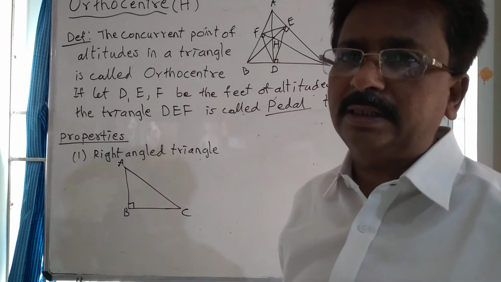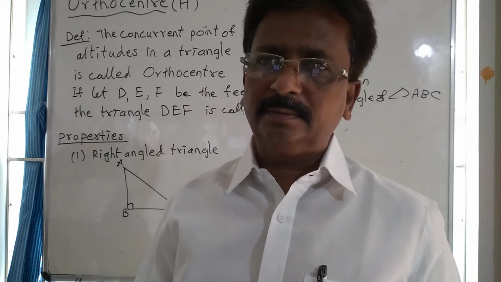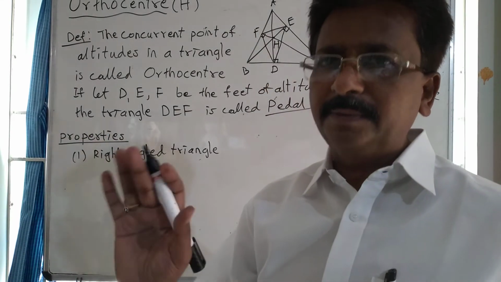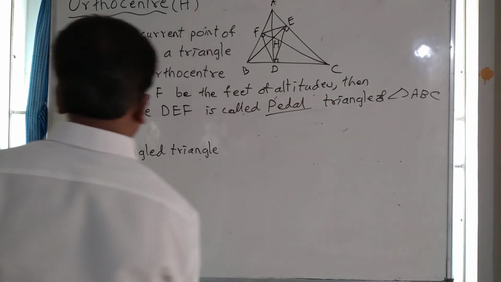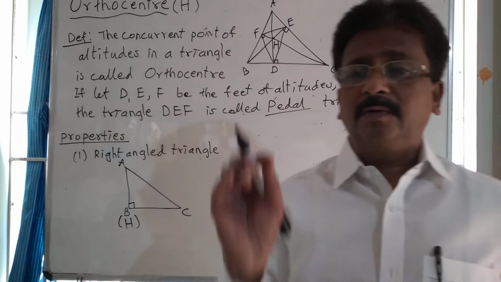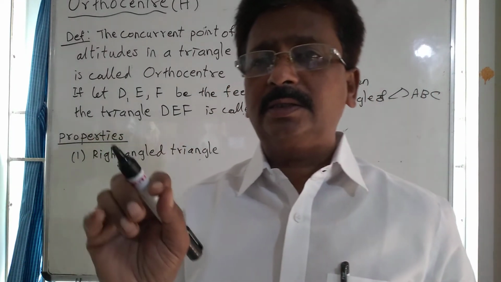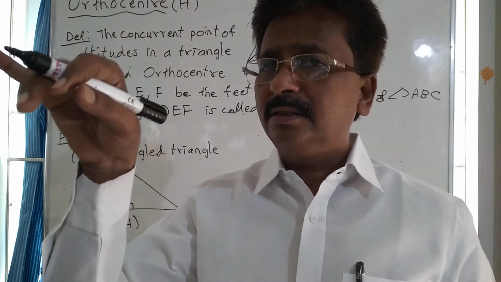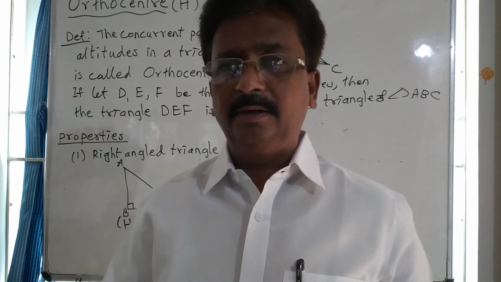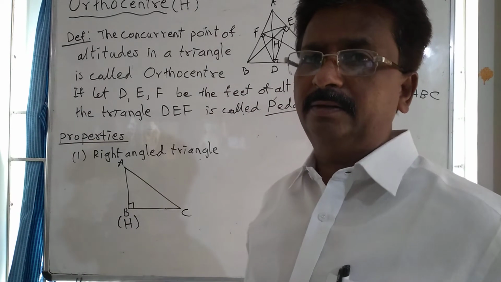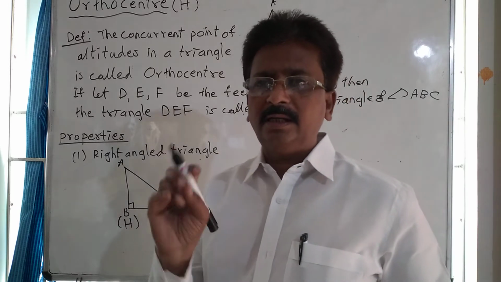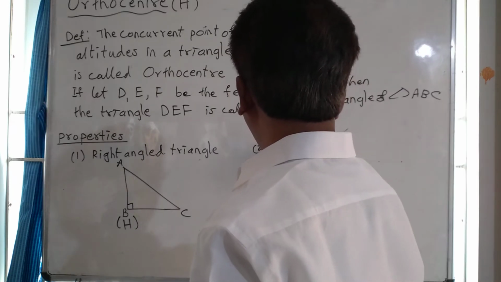Now where is the orthocenter? The orthocenter is B, point B itself. So the vertex at which the angle is the right angle is the orthocenter. Okay, are you understanding?